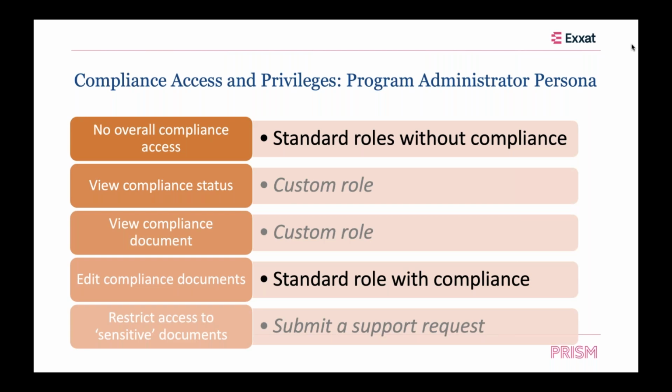Second level of access is that as an administrator, you can see the status of the compliance, whether a student is compliant or not, or their compliance is pending review, or they have not even started. You can see the status, but that's it. You cannot open the documents associated with that compliance. One level higher is ability to view the compliance document as well.